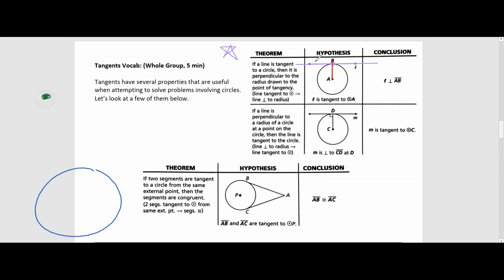Well, if I draw two tangents from this point to the circle, and I label the points of tangency, then I know that segment AB is congruent to segment AC. So two tangents drawn from the same point are going to be congruent to one another.